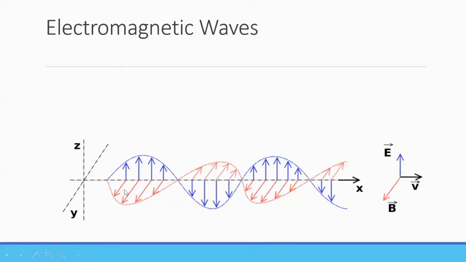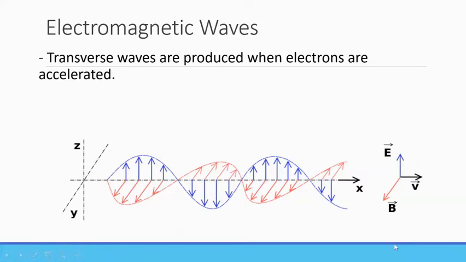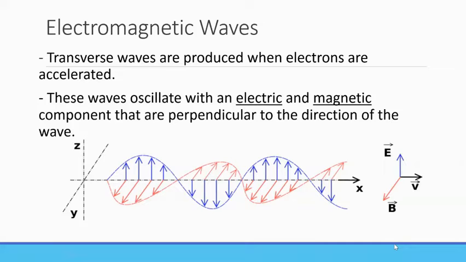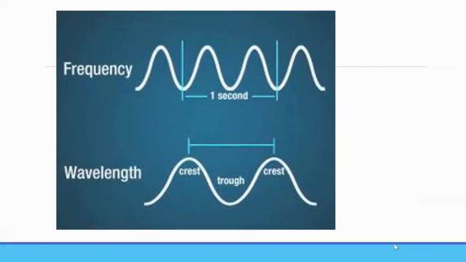Right, so the wave is moving in this direction, where the electric field is going up and down in the z direction, and the magnetic field is going back and forth in the y direction. And they're transverse waves made up of electric and magnetic components.